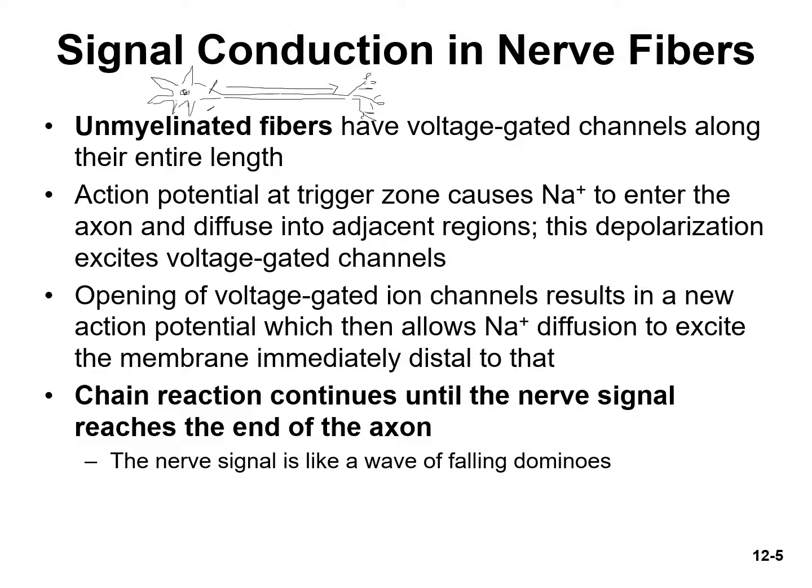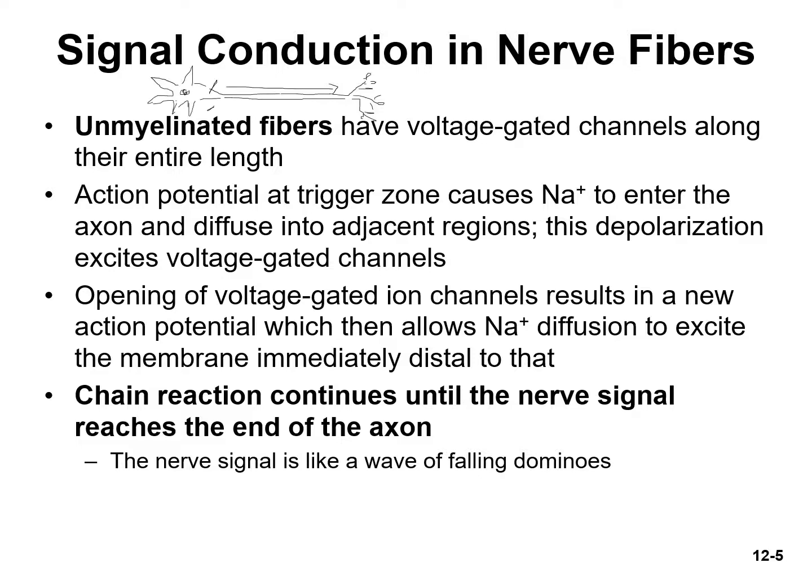Your action potential at the trigger zone is essentially going to cause sodium to enter the axon and diffuse into adjacent regions. So that depolarization then excites more voltage-gated channels, and those opening voltage-gated ion channels are going to result in new action potentials being propagated, which then allows sodium diffusion to excite the membrane immediately distal to that.